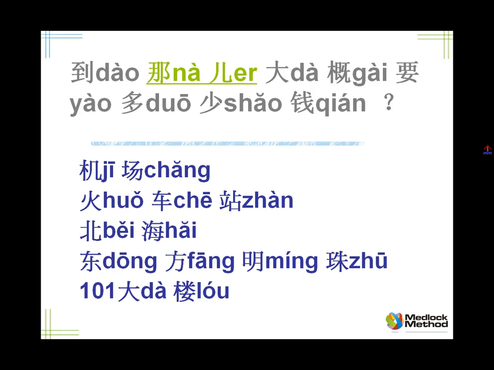That's right. And I'd like to remind you again, 大楼 means big building. 楼 is building or floor. Which floor? So Dalo is really skyscraper. That's right. Okay, let's move on.